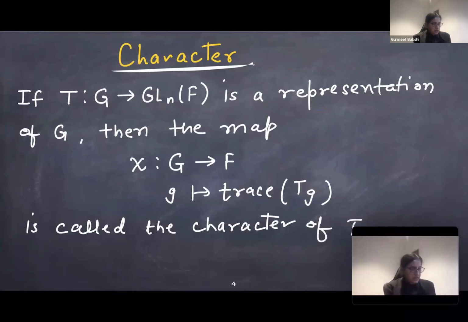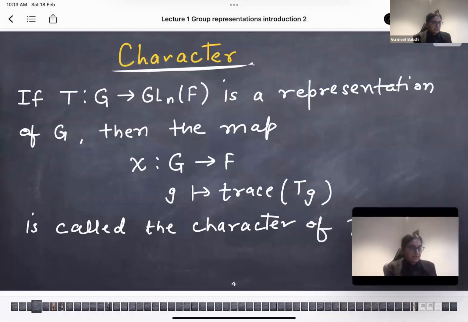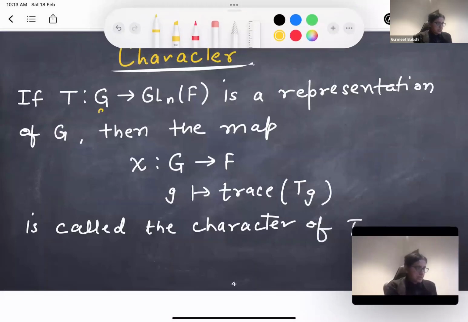So g goes to T(g), which is your homomorphism, and you take the trace of that matrix, and this is called the character of T. I will do this in the next lecture in more detail, but this is the definition of a representation and a character.